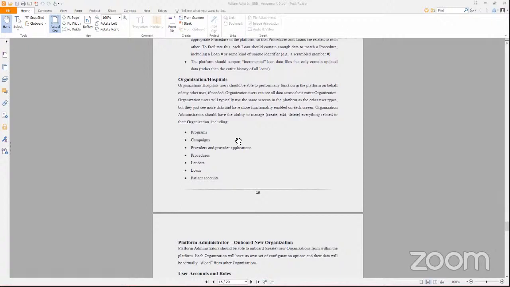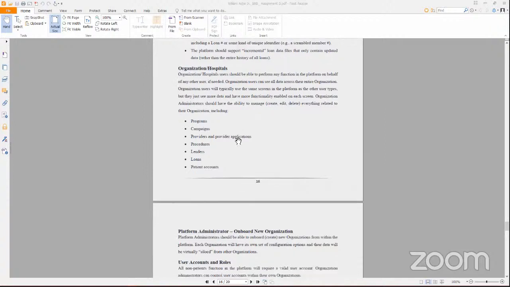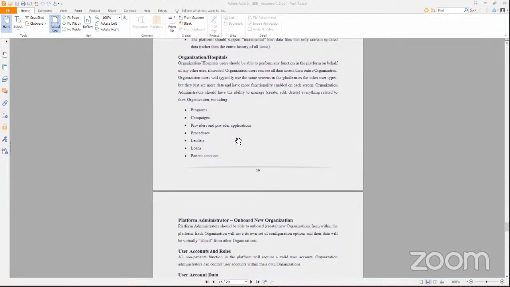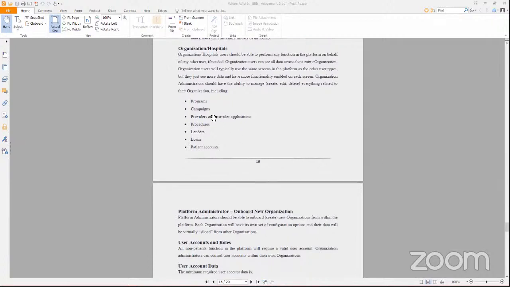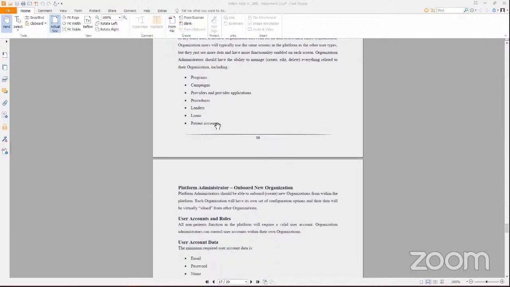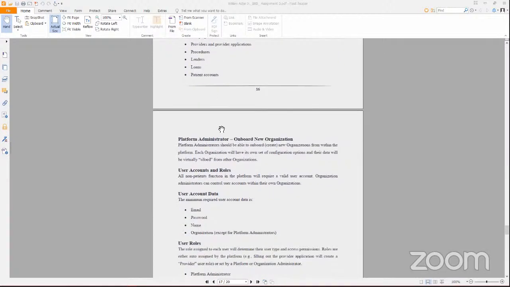So they would typically use the same screens in the platform as the other types of users, but they just see more data and have more functionality enabled on each screen. So over here, they can see their program, their campaign that they are running, and their various healthcare providers and their various applications, their procedures. They can also see the loans, the patient's accounts, and so on and so forth.